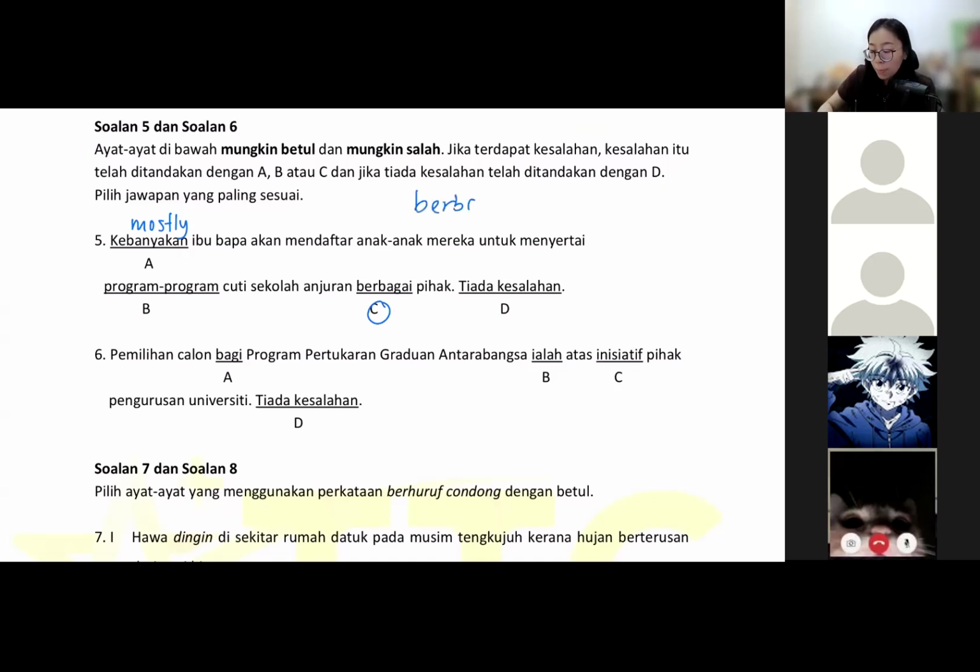Berbagai is when you want to compare something, berbanding sesuatu. But you want to say all kinds. One answer is berbagai. So now, what is the second answer for all kinds? Okay, you have to put kata ganda, like berbagai-bagai.